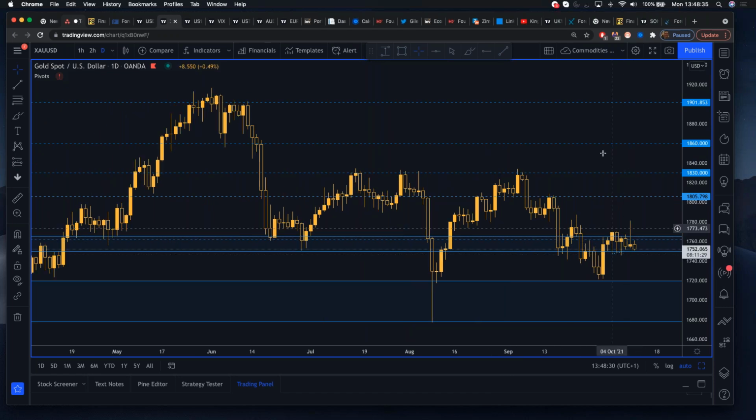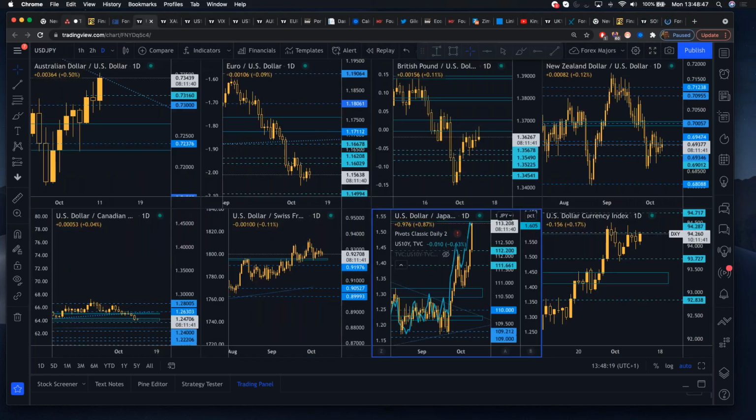It's a tricky one to trade, as I'm talking about it out loud, because of the different drivers of the dollar and the strange market conditions we have at the moment, particularly with the 10-year yields moving higher.